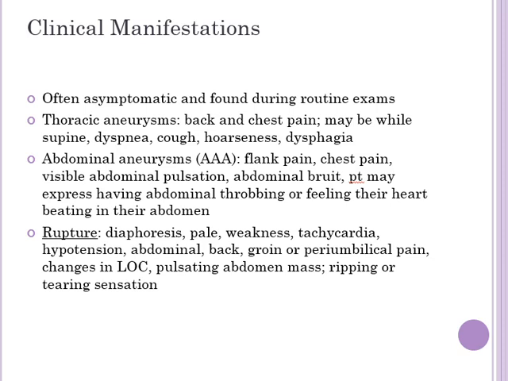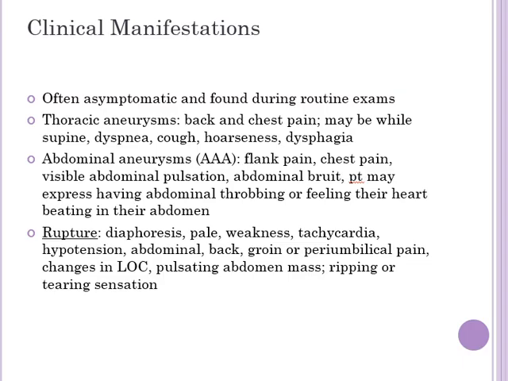It could be found on routine exams that you hear vascular sounds, or what's called a bruit, in their abdomen when you listen to bowel sounds. That is abnormal. If you listen over the carotid and hear a carotid bruit, that would be abnormal. So when you listen over the carotid, you have the patient hold their breath so that you don't hear breath sounds, and you should hear nothing. If you hear swish swish of the blood, that tells you the patient has a carotid bruit, and so that's significant.